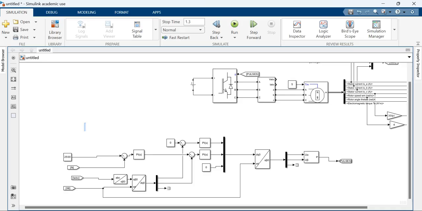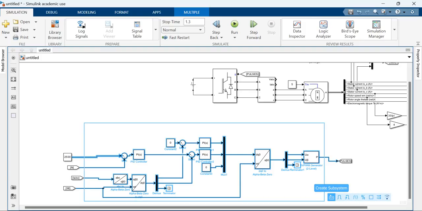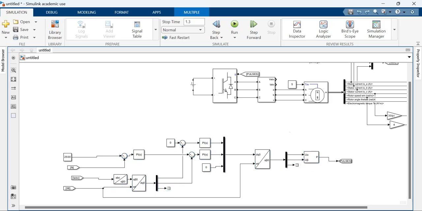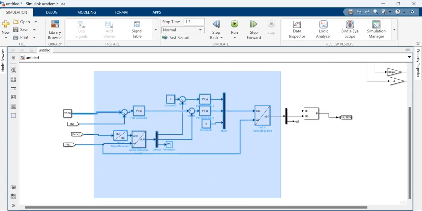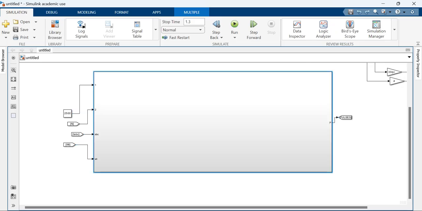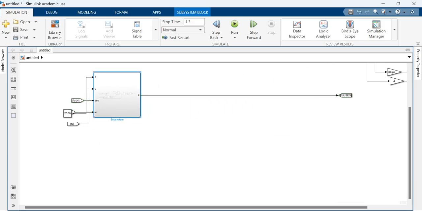Now let me select all this, create a subsystem from this. One second, control is set. Let me select all this up to here, create a subsystem. Good, it looks good. Now I reduce the size of all this. This is actual speed. This is speed in RPM.